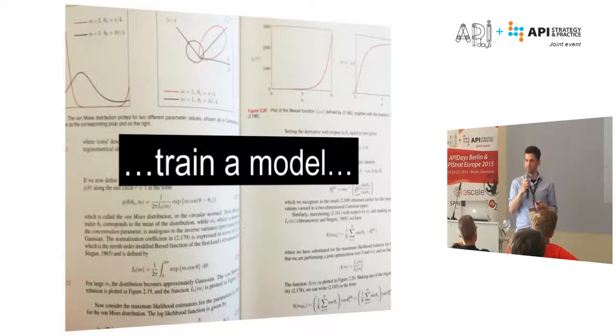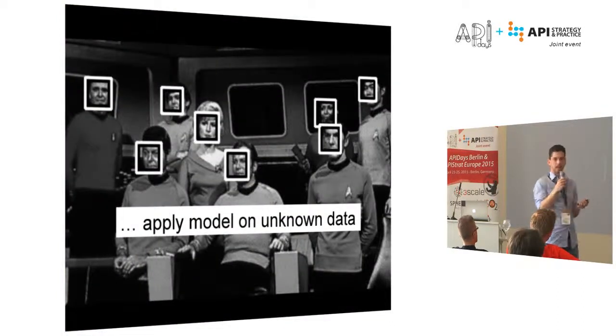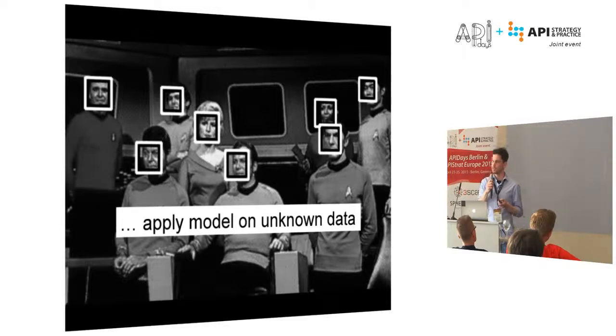You have some algorithm, usually some math involved, and then you try to find out what actually makes a face, and afterwards you can apply that model to unknown data. So to detect faces that were not part of your training data. So you apply it to test data, right?